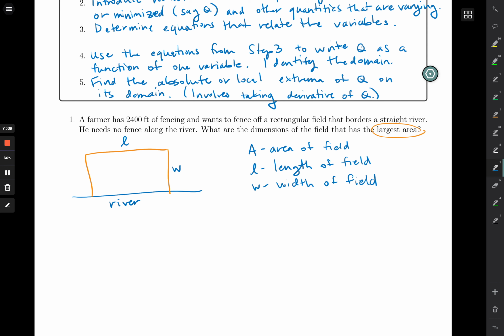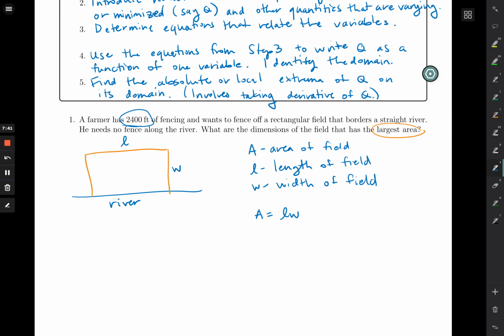And so we have some equations that will relate these variables. First of all, we know that the area of a rectangle is equal to length times width. And then we also know that these orange sides have to add up to 2,400, right? So we know that we only have 2,400 feet of fencing. Supposedly we would want to use all of it because we want to create the largest field possible.